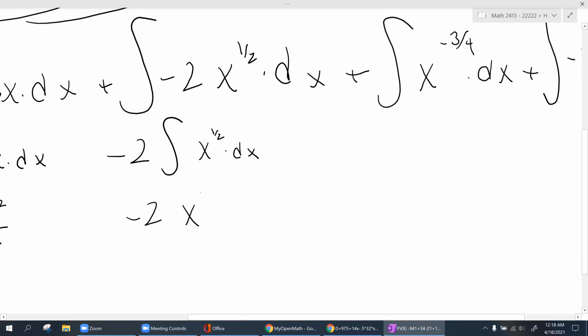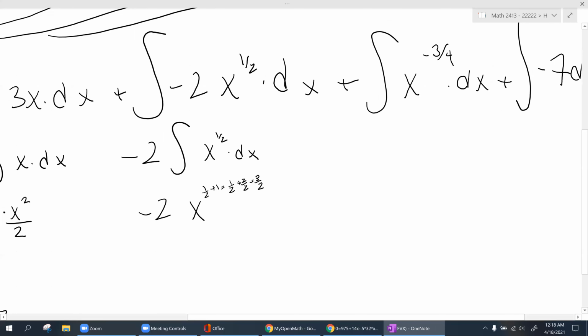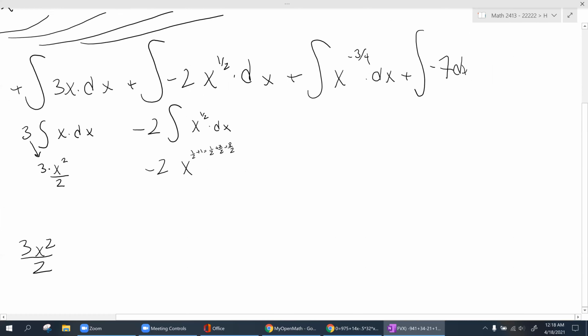I'm going to add 1 to the top. 1/2 plus 1 is the same thing as 1 over 2 plus 2 over 2, which is 3 over 2. So my integral would be negative 2 x to the 3 over 2 divided by 3 over 2.